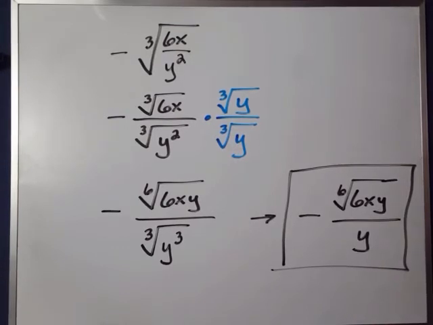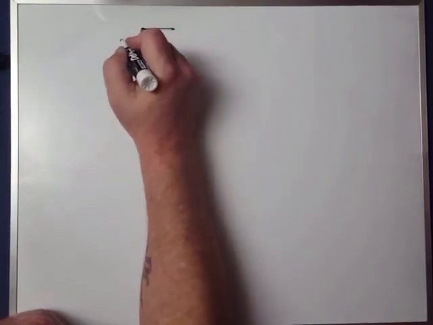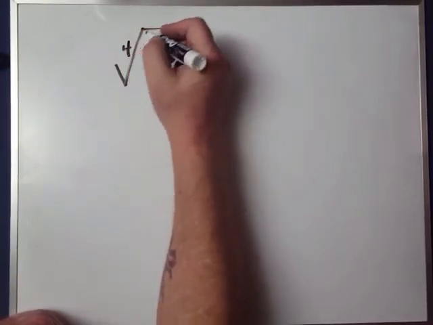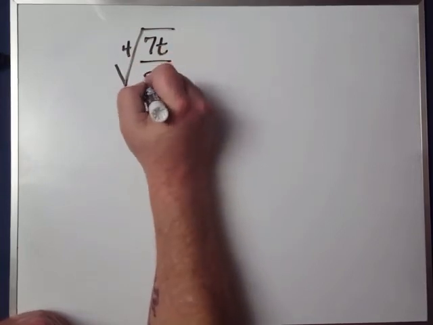Let's do one more of these, this time with a fourth root, number 82. So now we're not looking for a pair, we're not looking for 3 of a kind, but we will be looking for 4 of a kind as we try to rationalize a denominator that has a fourth root.